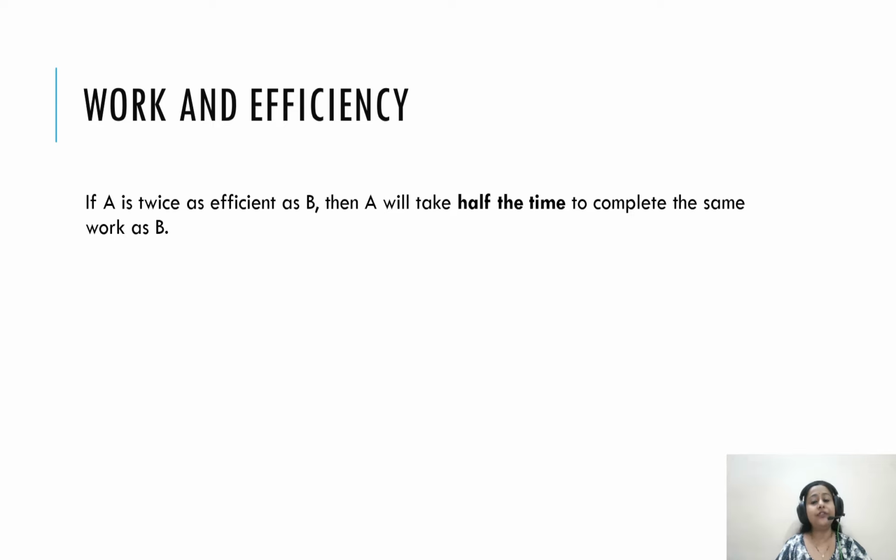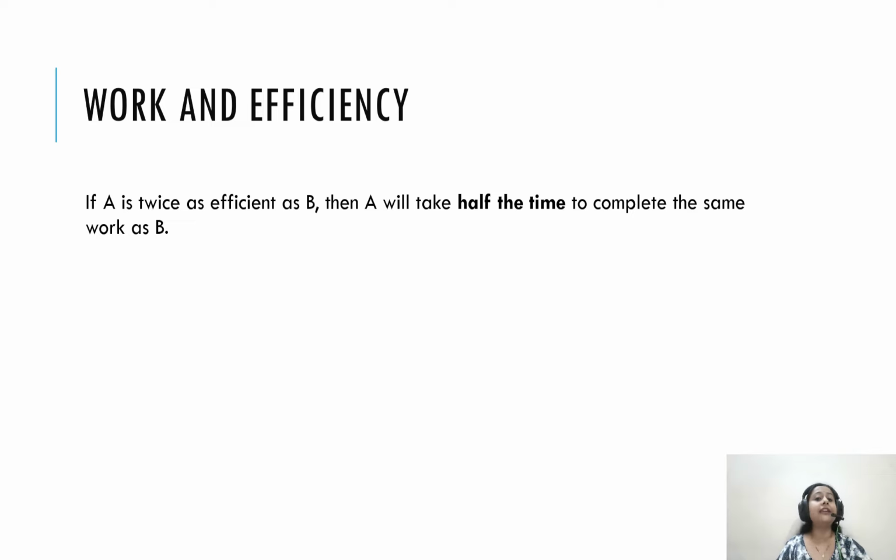On the other hand, if a person can complete the same amount of work in a lesser number of hours or less time, then that person will be considered more efficient compared to the previous person. If more time is required, that means efficiency is less. And if less time is required to complete the same work, that means efficiency is more.